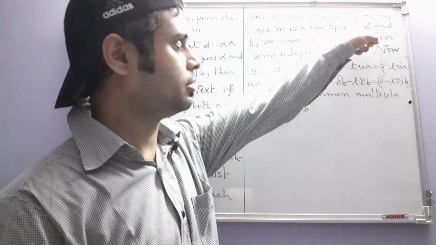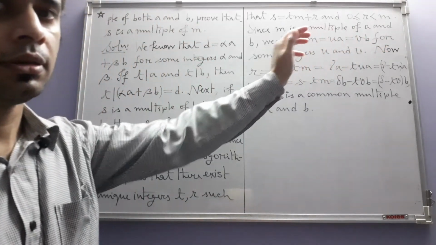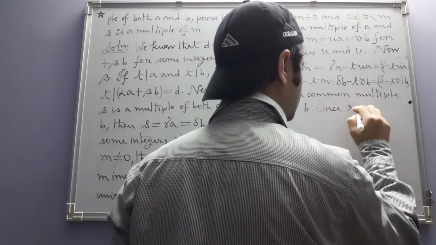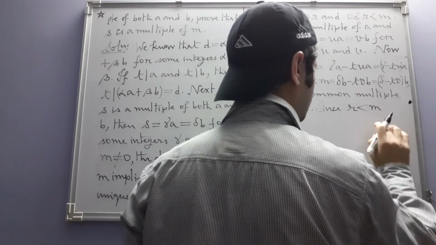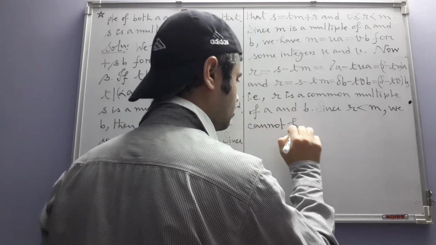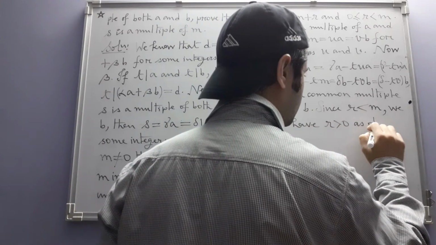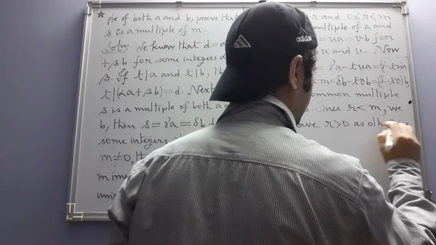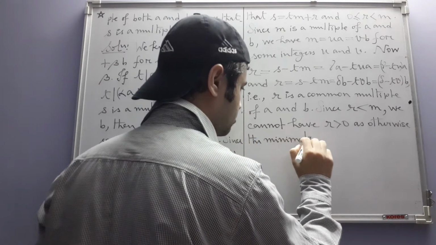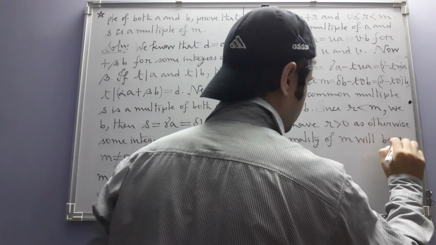But now you look at these inequalities: M is the least common multiple of A and B and R is smaller than M. Since R is less than M, we cannot have R greater than 0, as otherwise the minimality of M will be contradicted.